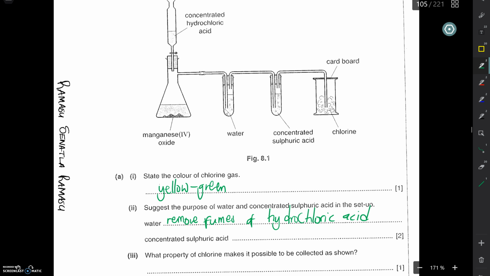The concentrated sulfuric acid. Concentrated sulfuric acid is a drying agent or a dehydrating agent. So its purpose there is to remove water vapor.